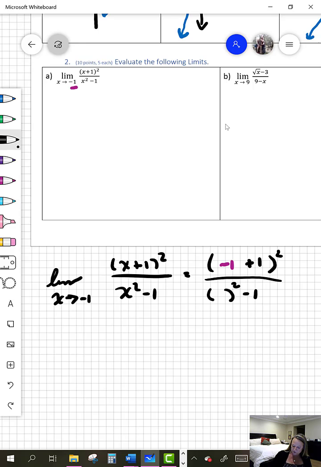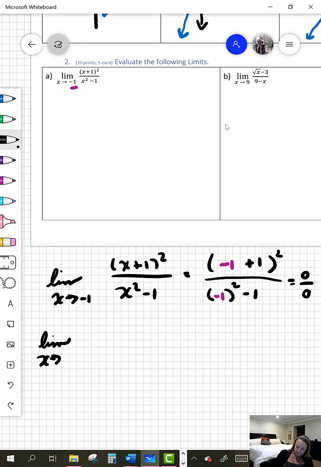And so when you use order of operations and you simplify this, in the numerator we get 0 squared, which is 0, all over the denominator, -1 squared, which is 1, and 1 minus 1 is 0. So recall, if you get the form 0 over 0, that's an indeterminate form. This doesn't tell us anything about the limit, and we need to go back and see if we can manipulate it. So in this case, I notice that I can factor the denominator.